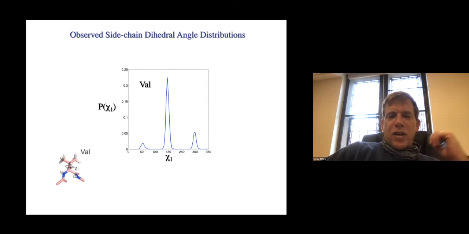Valine just has one side chain dihedral angle, chi1, and in contrast to threonine, the central rotamer, the 180-degree rotamer, is very highly probable, whereas the outer ones, the 60 and 300, are a factor of 3 at least less likely to occur.